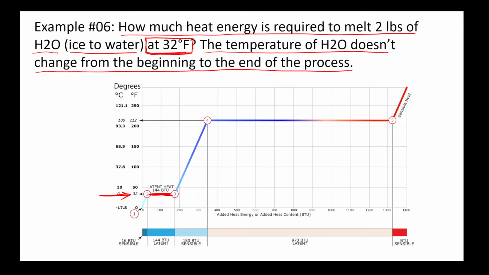In either direction, you're moving 144 BTUs per 1 pound.